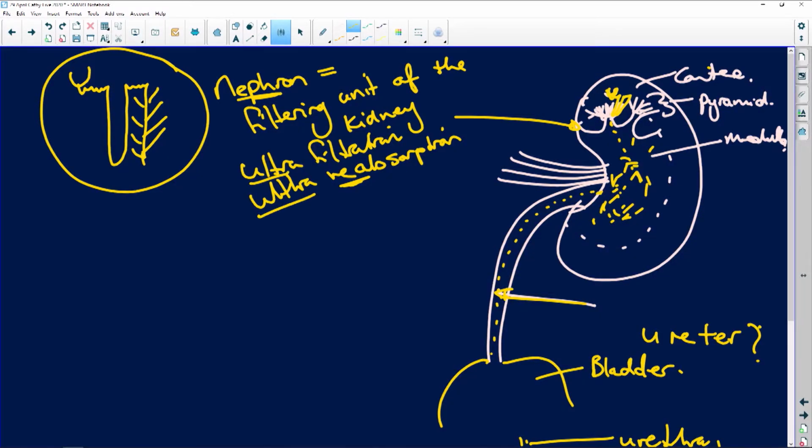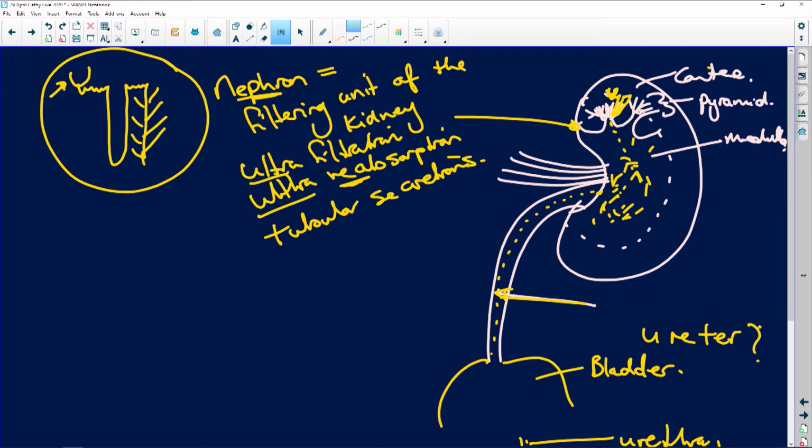Because you've already absorbed everything in the digestive system, so you are now going to reabsorb it. Why? Because we need to filter it. So the nephron's job: ultrafiltration, reabsorption, and tubular secretions.